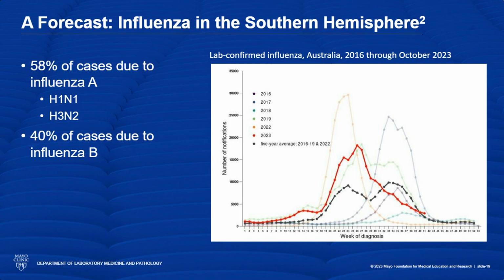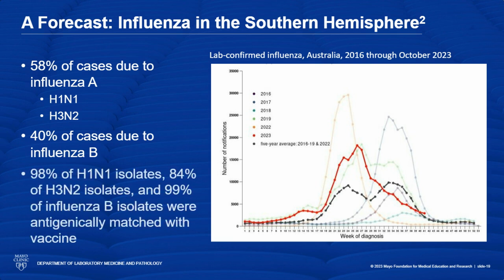Interestingly, they also found that 40% of cases were due to influenza B. Now, we typically see influenza B, but it is uncommon for both influenza A and influenza B to co-circulate. And we'll come back to that a little bit later in the presentation.